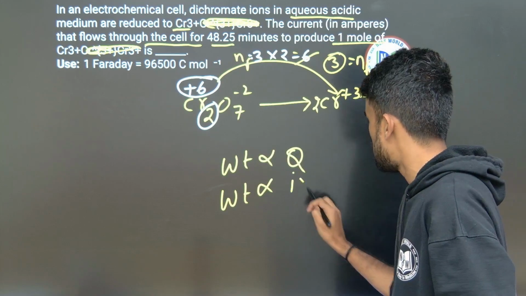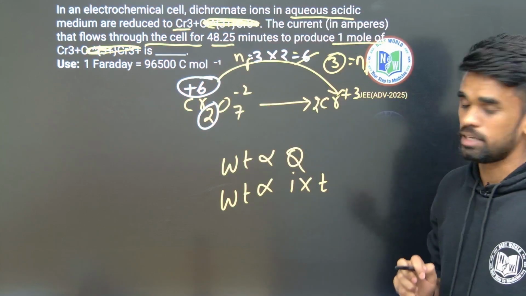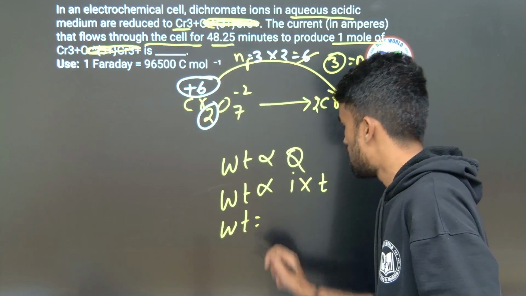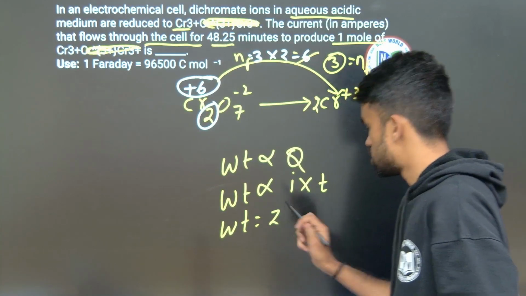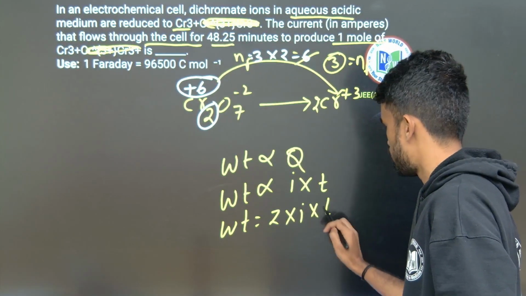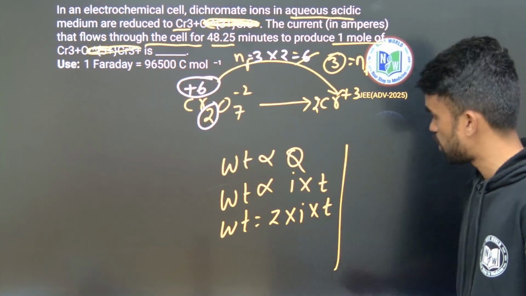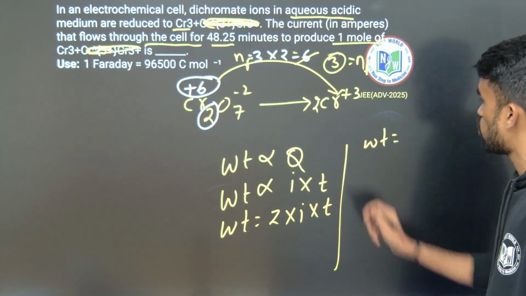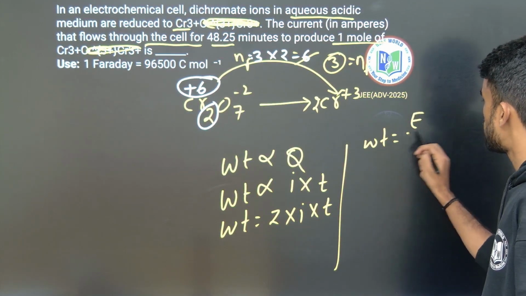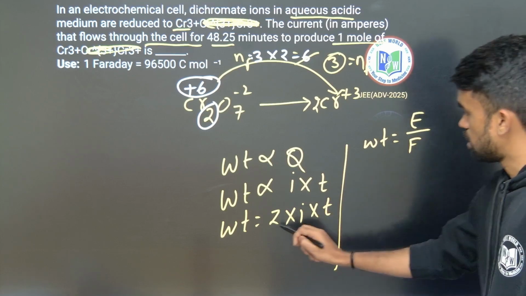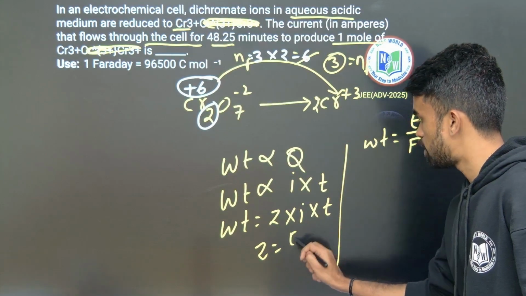Charge I can write as current into time, I into T. Now I am replacing the proportionality constant with Z, the electrochemical equivalent. So weight equals Z into I into T. Z is nothing but equivalent weight by Faraday's constant.